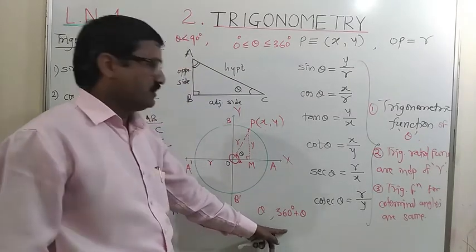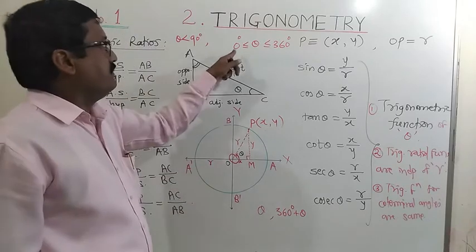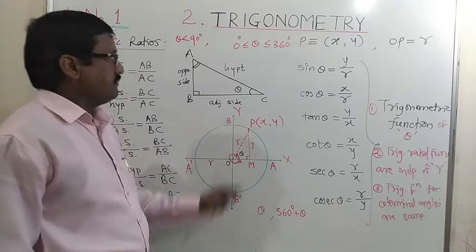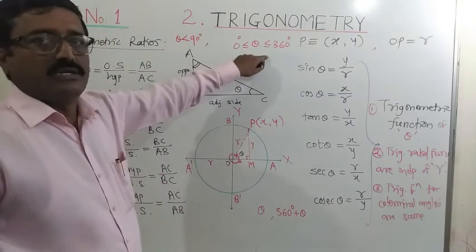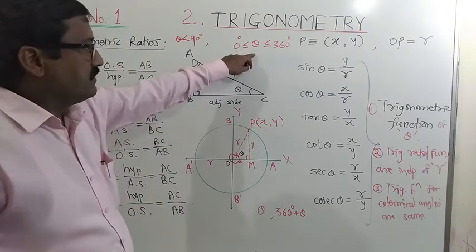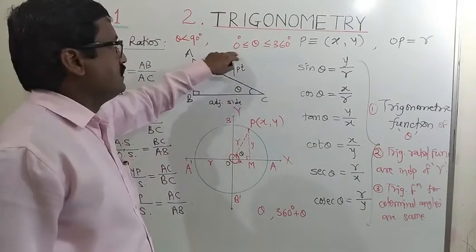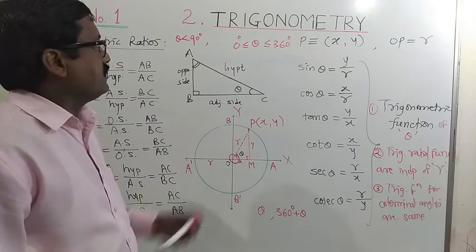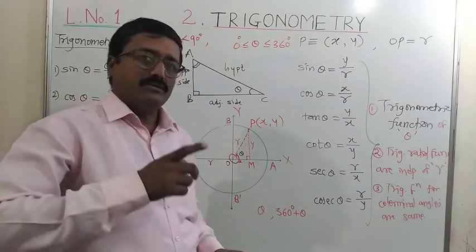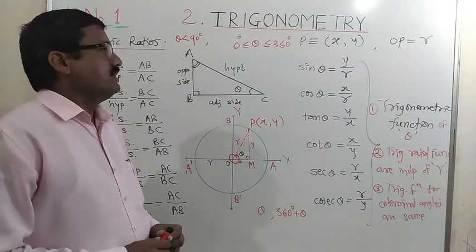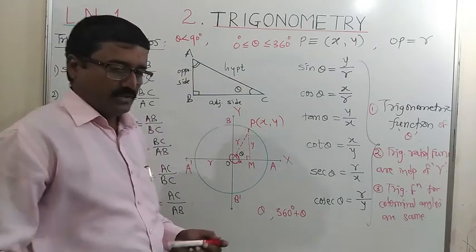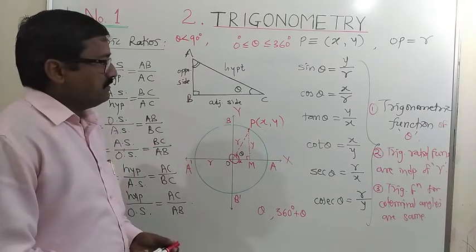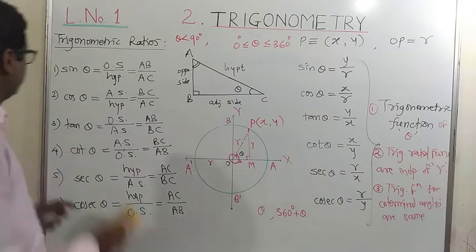If we take any coterminal angle related to an angle between 0 and 360, the trigonometric ratios for that angle are the same as that of between 0 and 360. Therefore, for all trigonometric functions, theta will be 0 to 360. So we can extend these trigonometric functions for all types of angles, for positive angles and for negative angles also. Okay. From these trigonometric functions for any angle, we can point out two remarks here. Let us see those.